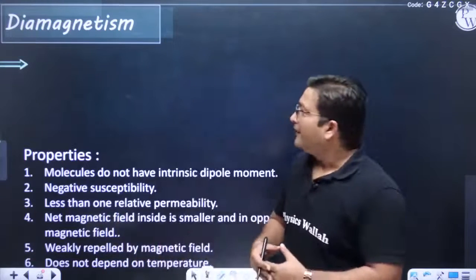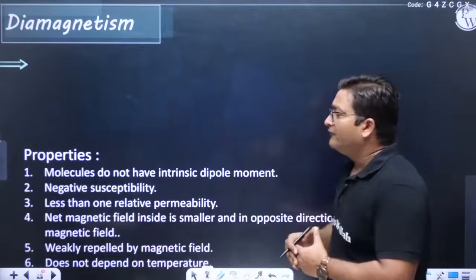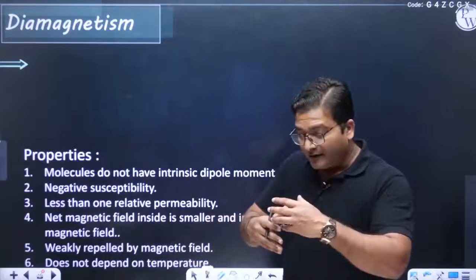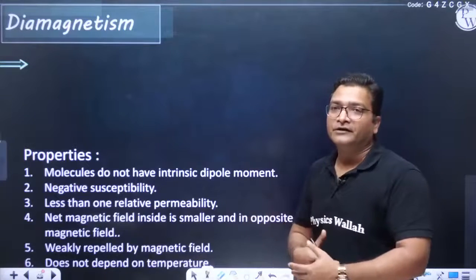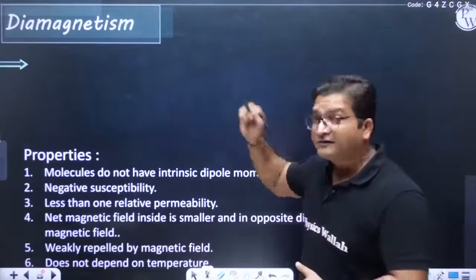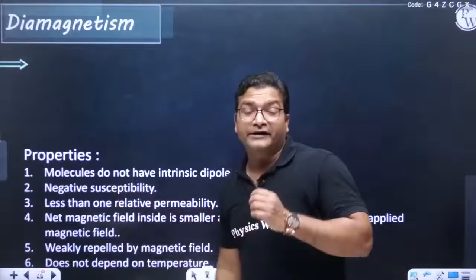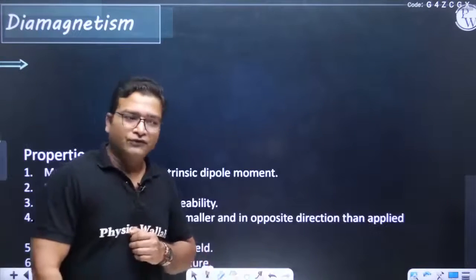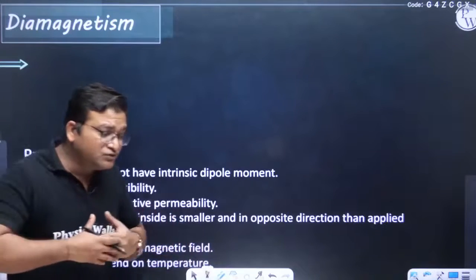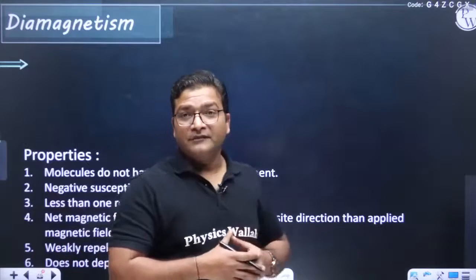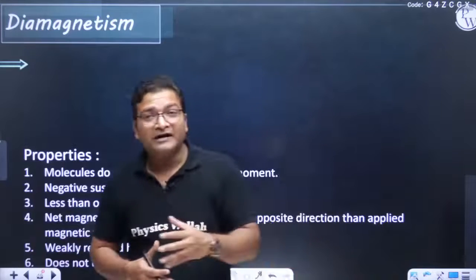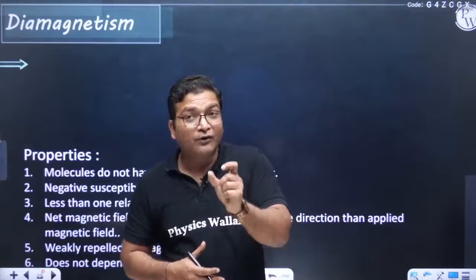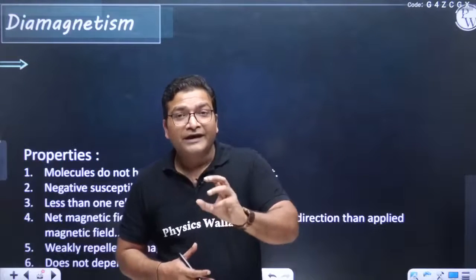But in diamagnetic substances, the molecules do not have their intrinsic magnetic dipole moment. So the materials which do not have paramagnetism or ferromagnetism, meaning their molecules do not have their own dipole moment, show diamagnetism.